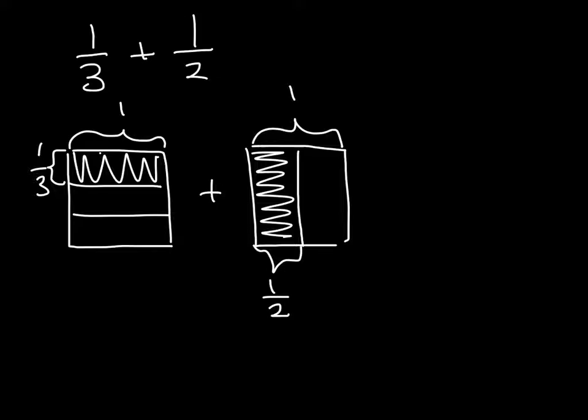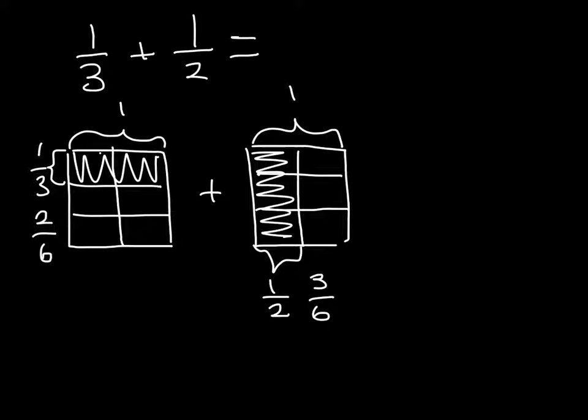We're going to repeat the process that we did last time. We're going to move those 2 horizontal lines from the left onto the area model on the right, and the 1 vertical line from the area model on the right onto the one on the left. And now we have 6 equal parts in each area model. For the 1/3, we now have 2 out of the 6 parts shaded in, and in the other area model on the right, we have 3 out of the 6 parts shaded in.